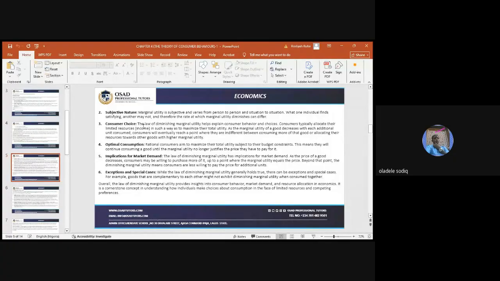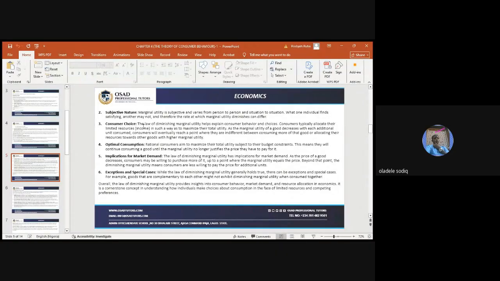American, or let me say big cola. Even though they are of the same taste, it does not mean that you derive the same satisfaction from it. So you make your choice based on what suits you, based on what utility you derive. And again, some goods will not give you the utility you want. So that is why you need to make your choice carefully.